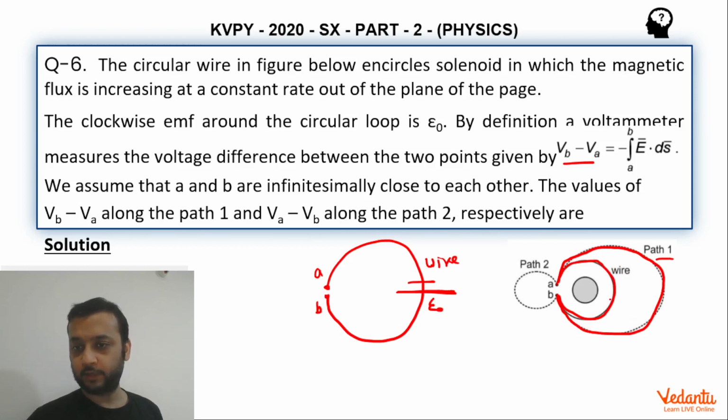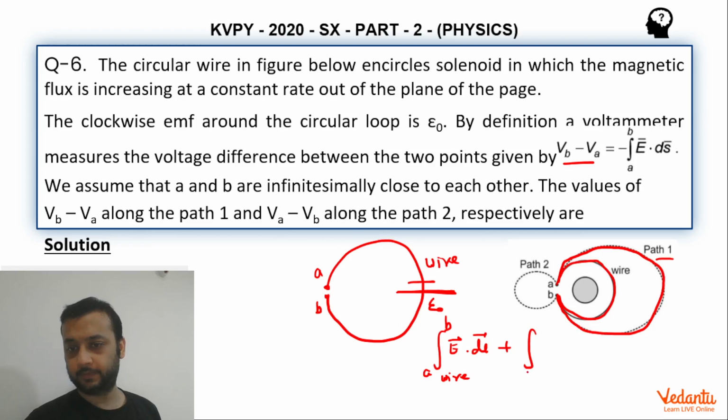Now if I go from A to B along the wire, then E dot dl, plus from B to A along path 1, again E dot dl, this total should be 0.